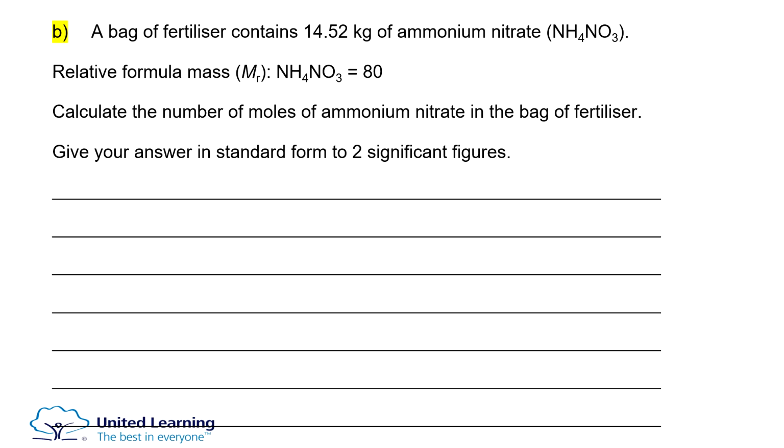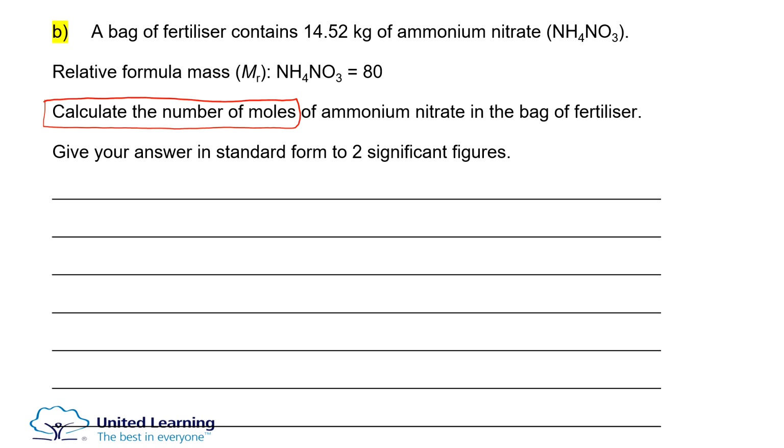The second type of question is to calculate either the number of moles, mass, or Mr using the equation that we've taught you, which is mass equals moles times Mr. So start off by bugging the question, which means you use the B to box off the command, and in this case it's asking us to calculate the number of moles.